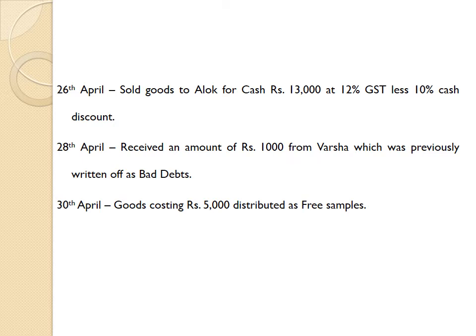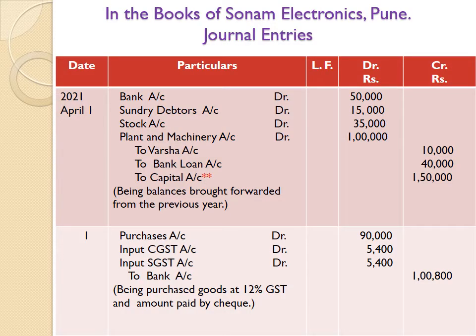On 20th April, received an amount of rupees 1,000 from Varsha, which was previously written off as bad debts. On 30th April, goods costing rupees 5,000 distributed as free samples. This is the solution for it.